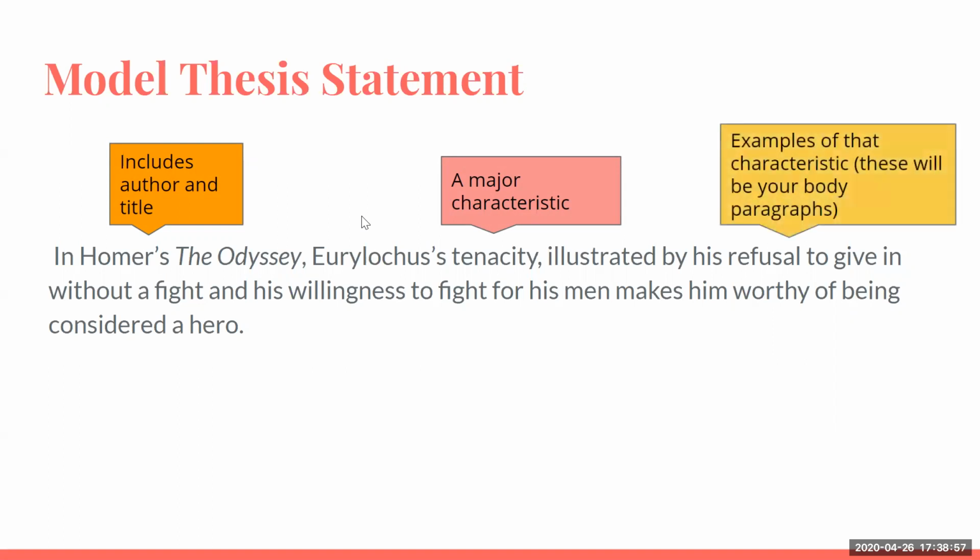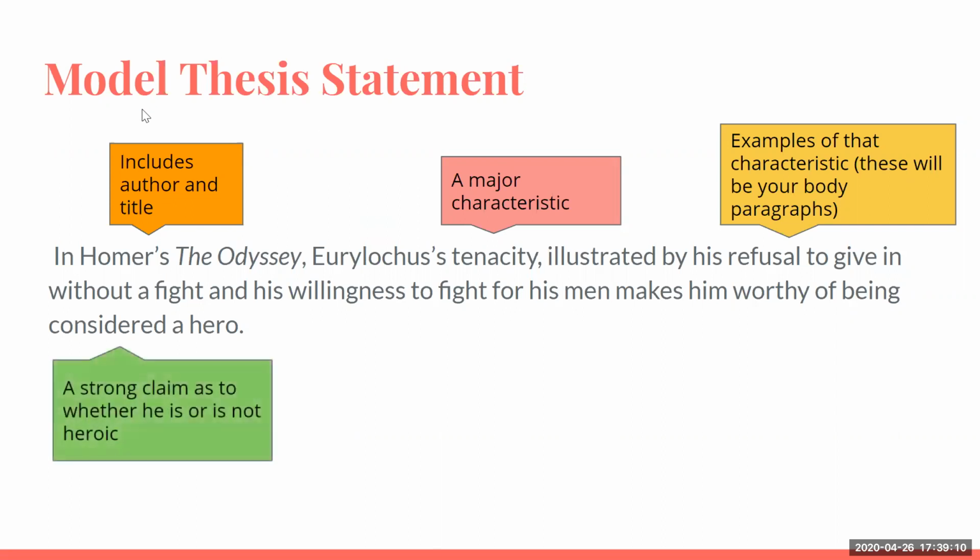I gave a specific example of that characteristic, so I really spoke to the details: illustrated by his refusal to give in without a fight and his willingness to fight for his men. And then finally, in this case, I ended with a really strong claim: makes him worthy of being considered a hero. Some people might want to start with that claim, and that's totally fine. The way that you organize it is up to you, as long as you have these major characteristics.